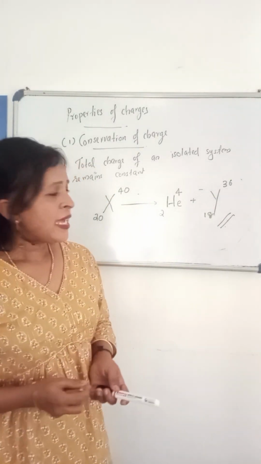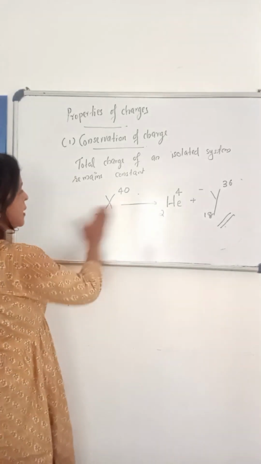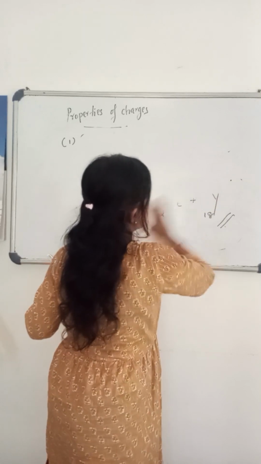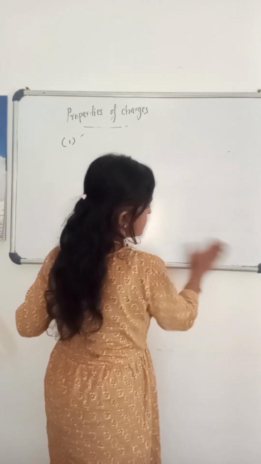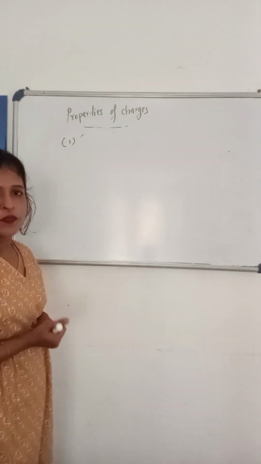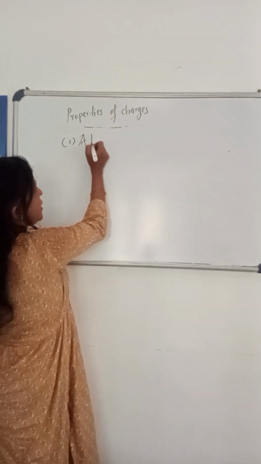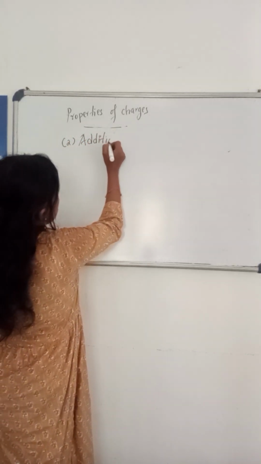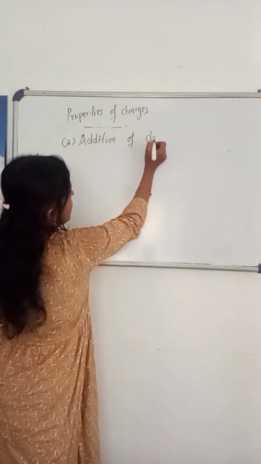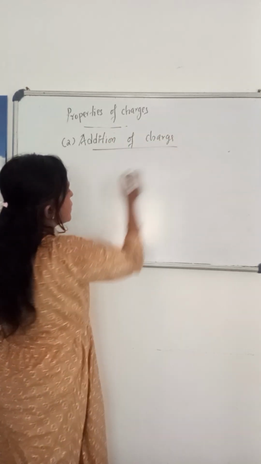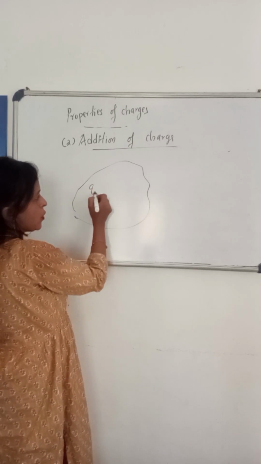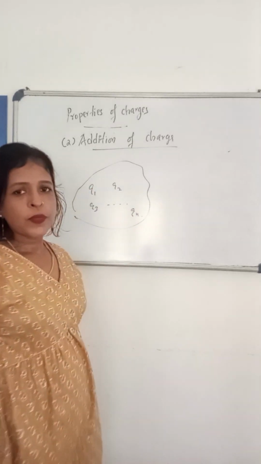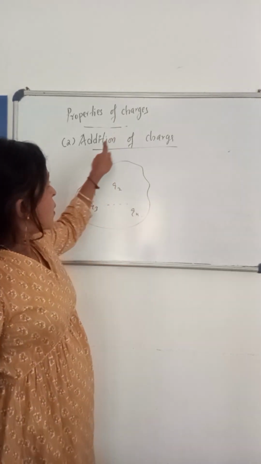Okay. And the next property of charge is addition of charge. That we already discussed. What is addition of charge? Suppose one isolated system has Q1, Q2, Q3, and so many charges up to Qn. And what is addition of charge?